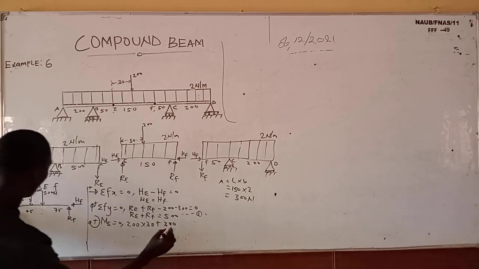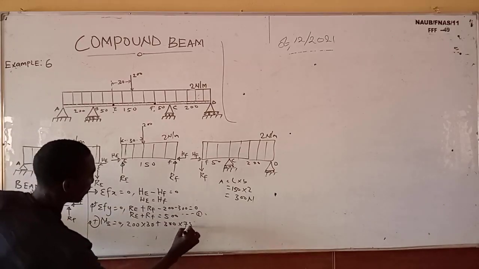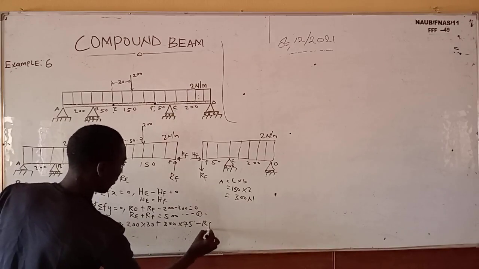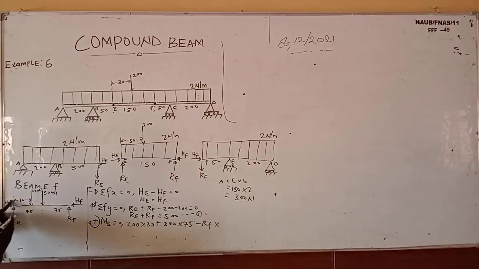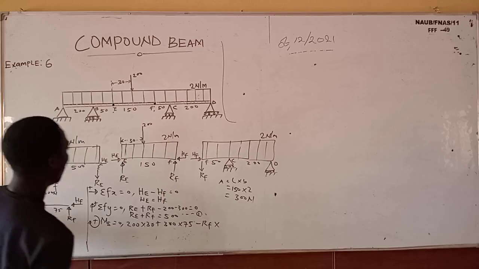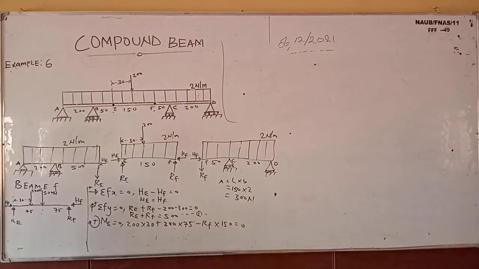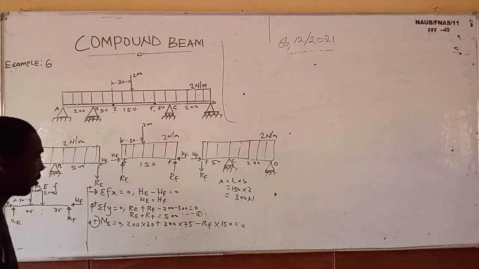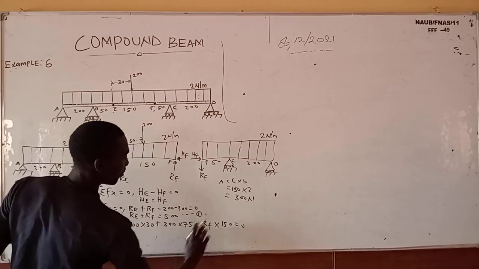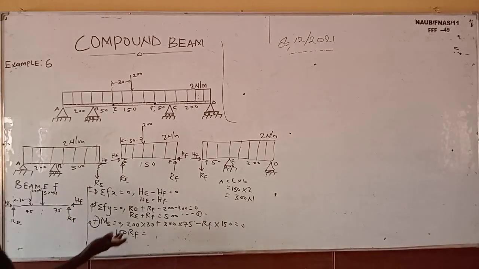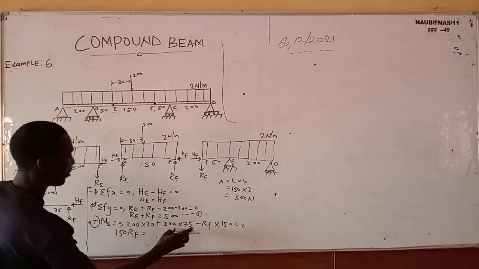So times 75, minus R_F times the total distance, which is 150, equals 0. If this times 150 goes to the other side, 150 R_F equals 200 times 30 plus 300 times 75.